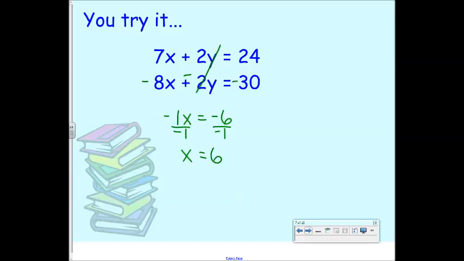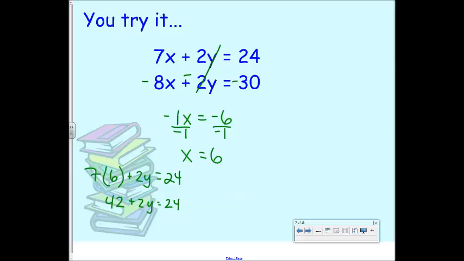All right, how would you finish? Which one? Either one. I'm going to pick the top one now because it's all positive. So that goes 7 times 6 is what? 42 plus 2y equals 24. Now what? Get y by itself. How are you going to do that?